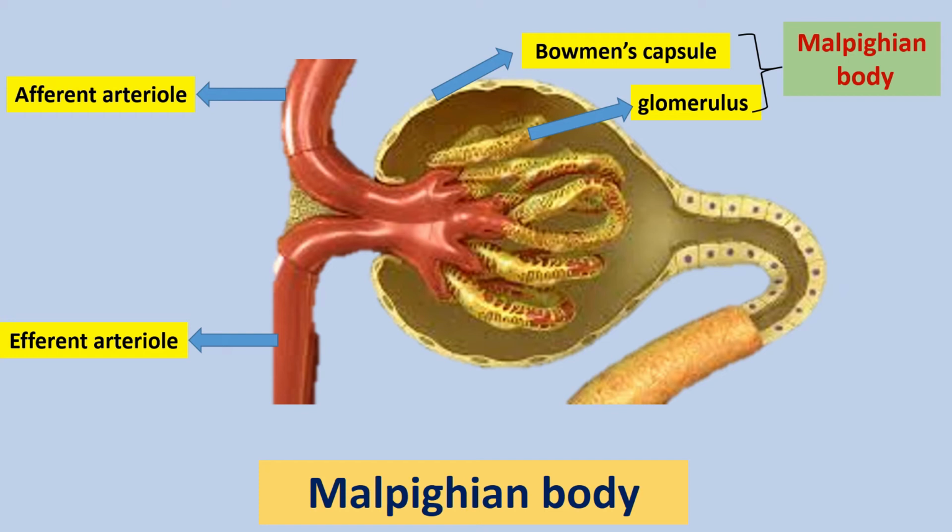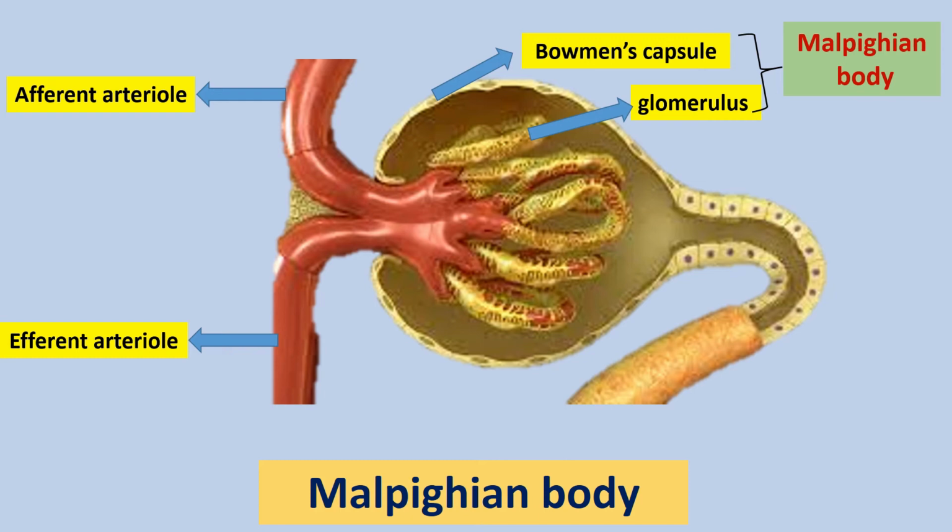There are fine pores between the podocyte cells to allow passage of materials filtered out in the glomerulus. With the help of pressure, the waste materials are filtered through the pores of the podocyte cells and formed as urine in the Bowman's capsule.